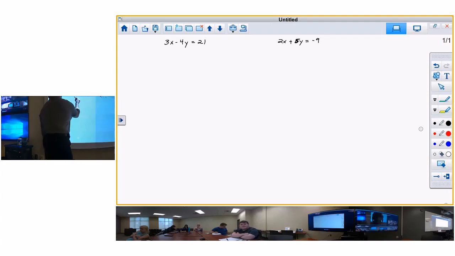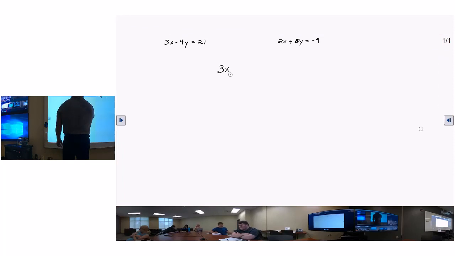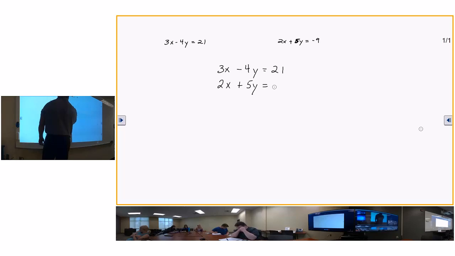All right. So, put them on top of each other. 3x minus 4y is equal to 21. 2x plus 5y is equal to negative 9.